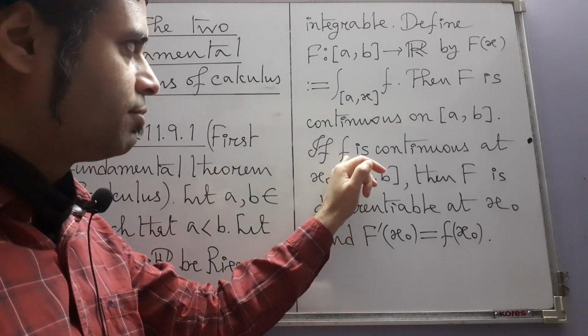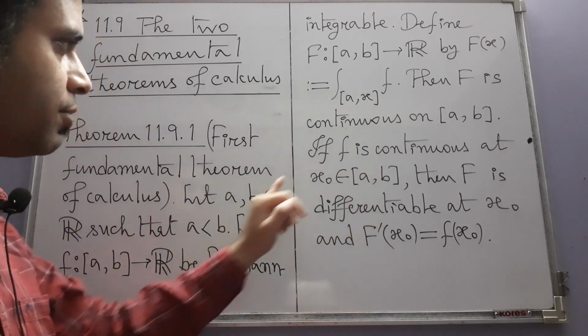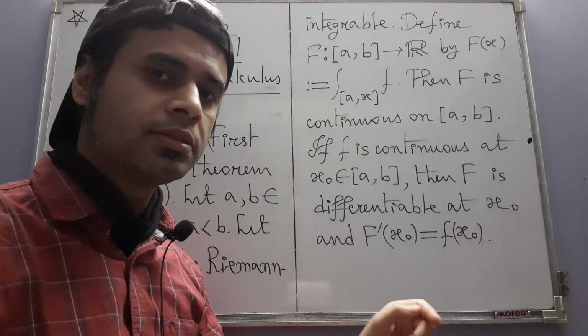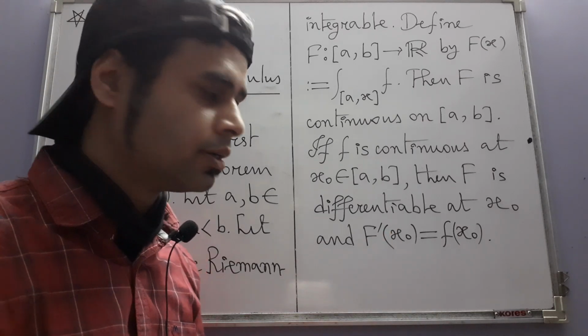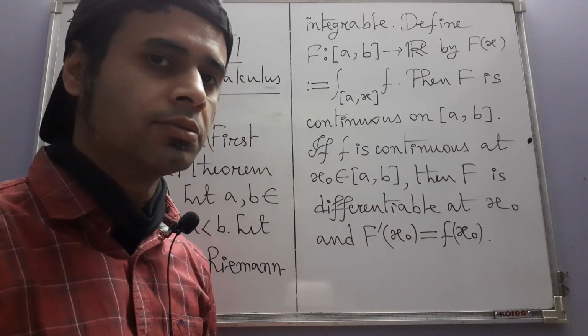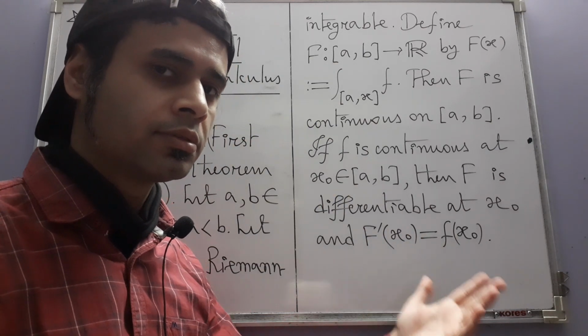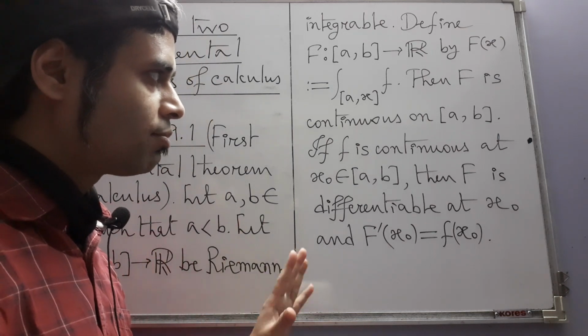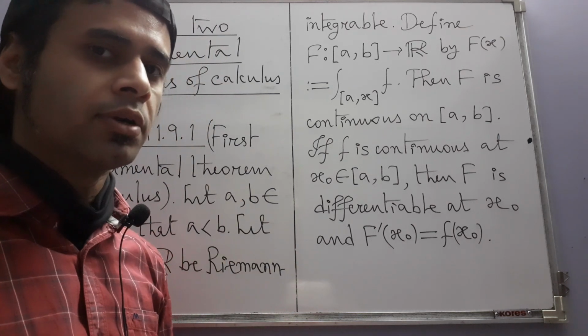Additionally, if the original function small f is continuous at some point x naught, then capital F is differentiable at that point, and the derivative of capital F at x naught is equal to the value of the small f function at x naught. This is the first fundamental theorem of calculus.